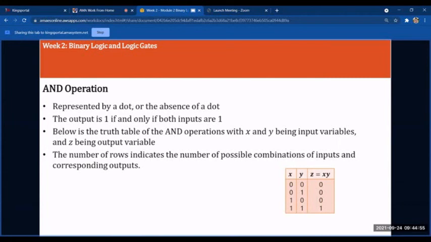The number of rows indicates the number of possible combinations. So these are the four combinations of our inputs if we only have two inputs for your AND gate.